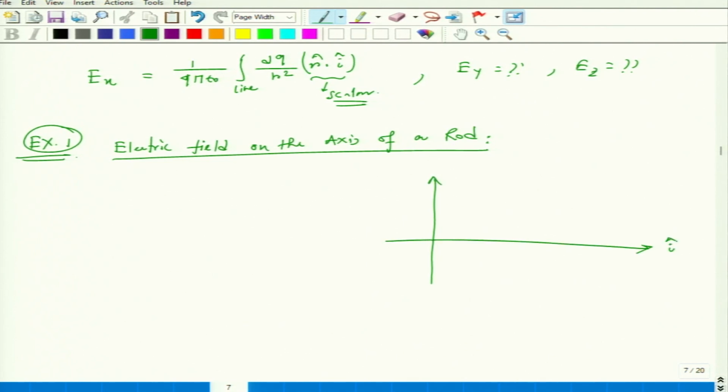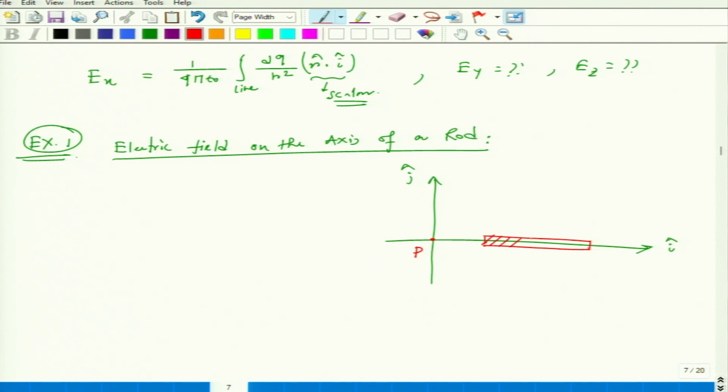This is the x axis, with unit vector i cap. This is the y axis, with unit vector j cap. So we consider a rod placed on the x axis. Let us say this is the origin O, and at this point we calculate the electric field. Let us denote this point P.